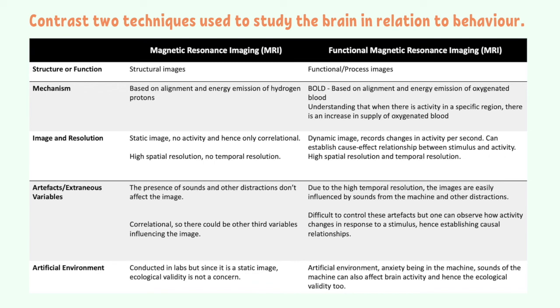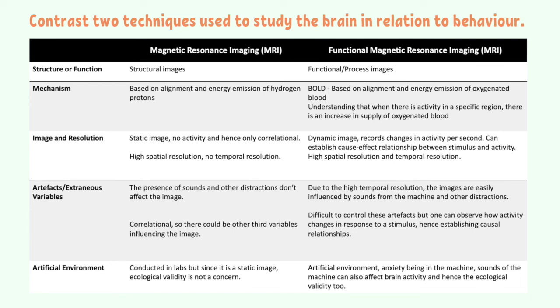As for the fMRI, it is easily influenced by artifacts that are present in the lab environment, okay? And this is due to the high temporal resolution. So if there is a lot of sound, which is the case with the machine, okay, participant anxiety, distraction, all of these artifacts would influence the brain activity that is being recorded, okay?